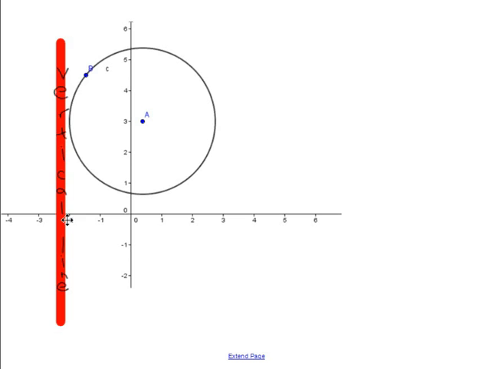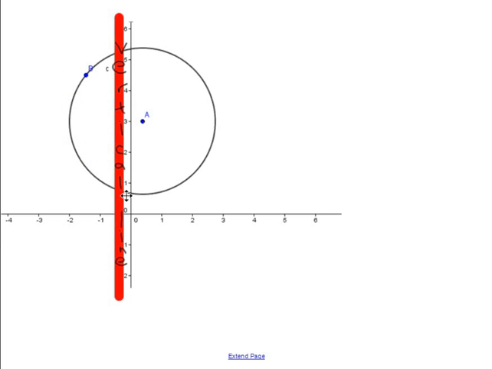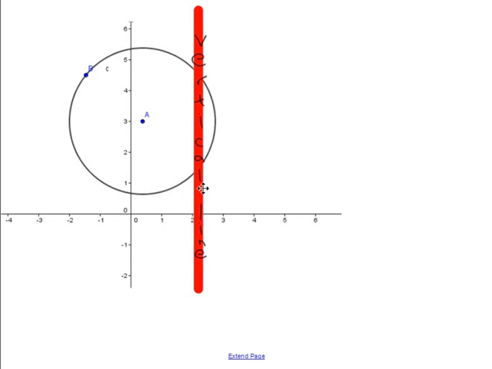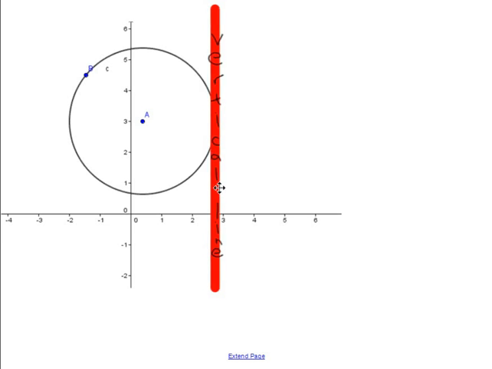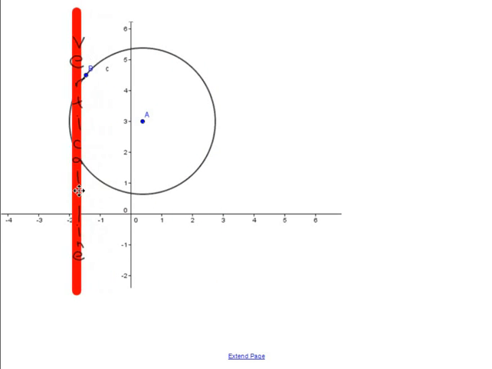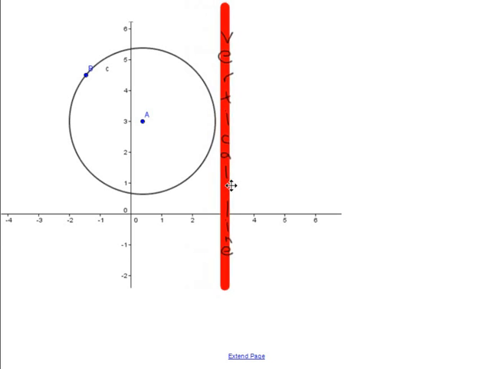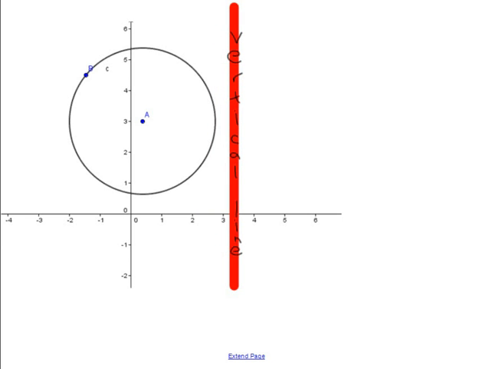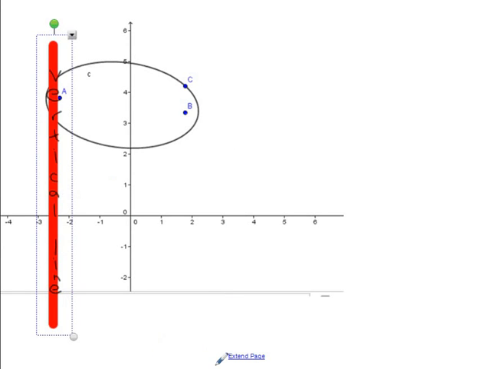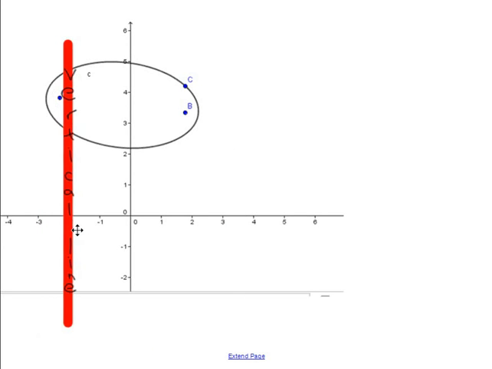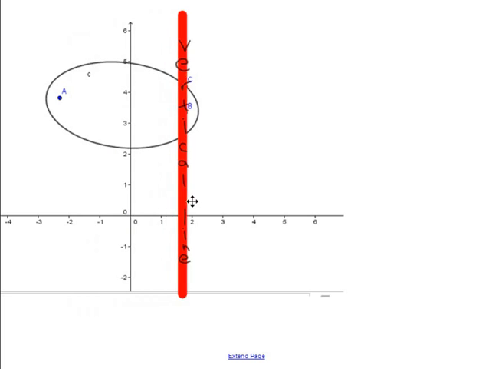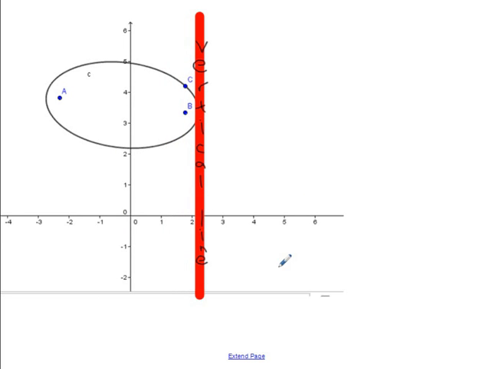So for a circle, it's very clearly not a function, because it is failing the vertical line test all the way across. It's being touched multiple times. And the same thing here. Being touched multiple times as you go across, so it is not a function.